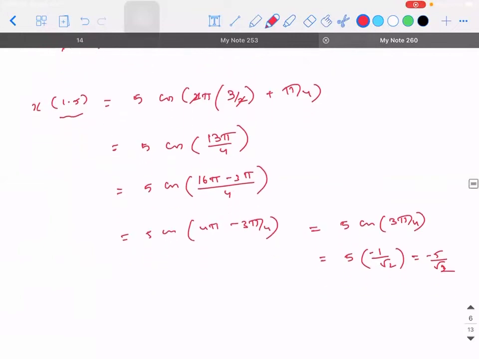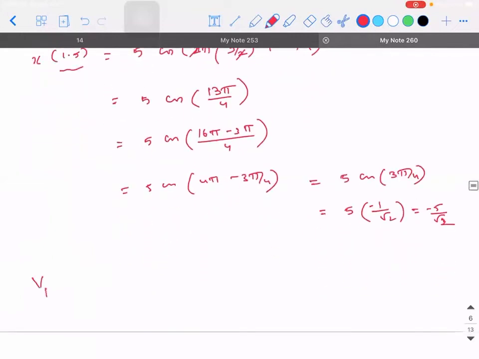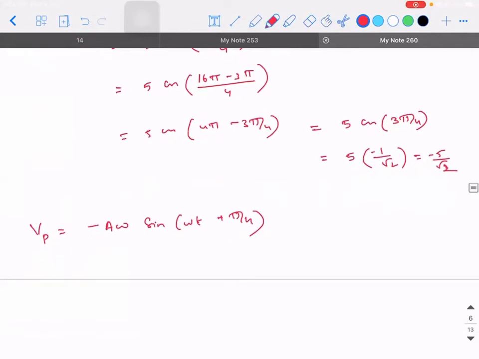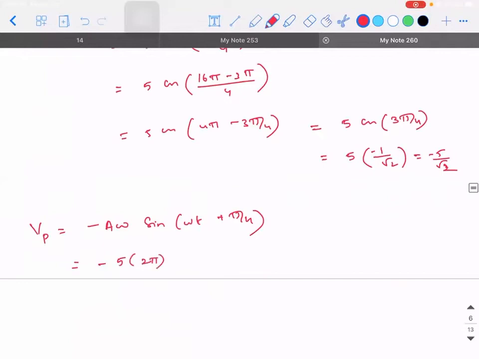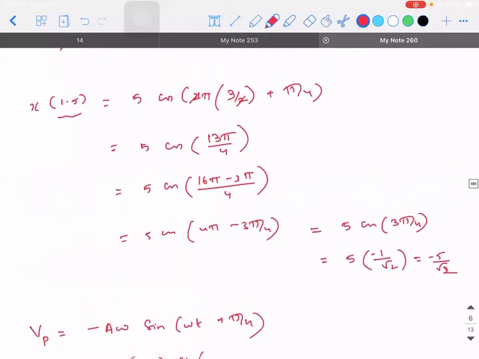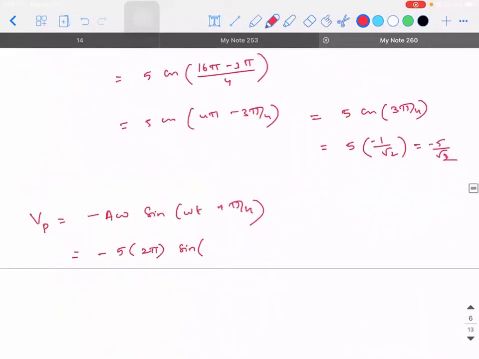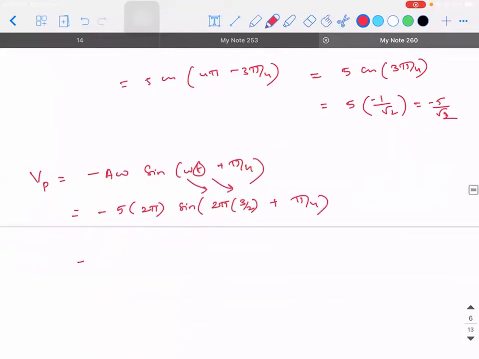Now, what can you say about the velocity of the particle? Velocity of the particle is minus a omega into sine of omega t plus pi by 4. So minus, what is the value of a? 5 into omega, here you need 2 pi, into sine of omega t, that is 2 pi into 3 by 2. I hope you understood why I wrote 3 by 2. Omega is 2 pi, t is 1.5, so I wrote 3 by 2 plus pi by 4. The phase angle is still going to be the same.